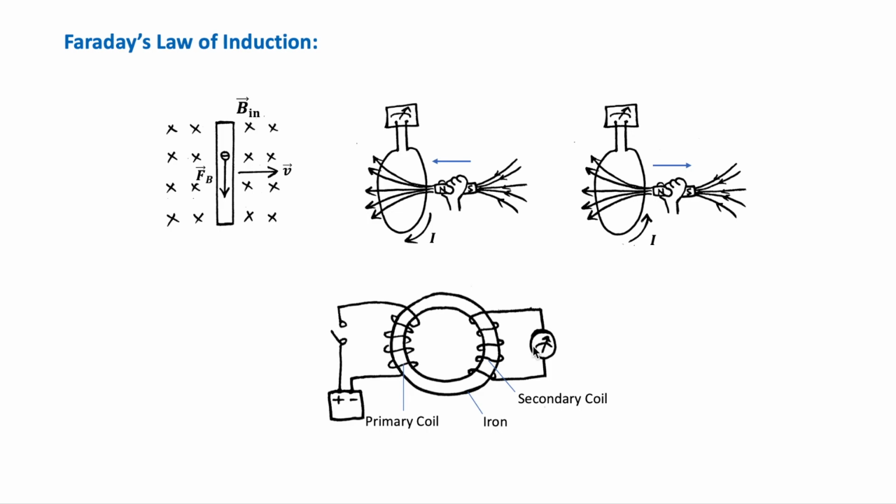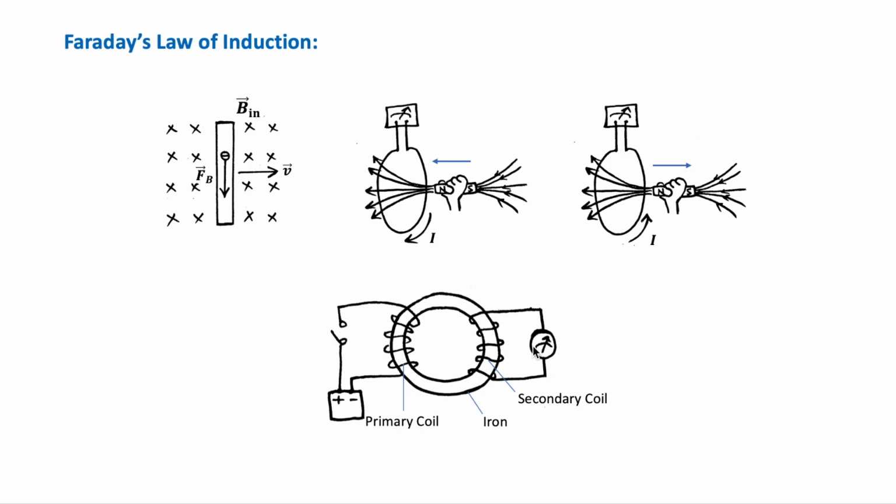And the direction of the current when the switch is closed is opposite to its direction when the switch is opened, okay? And so after some time of the switch being closed, the reading in the ammeter is 0, even though there is a steady current in the primary circuit.